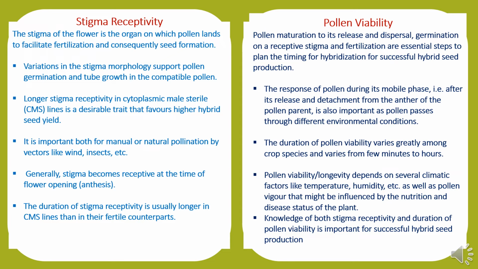Pollen viability or longevity depends on several climatic factors like temperature, humidity, etc., as well as pollen vigor that might be influenced by the maturation and disease status of the plant. The knowledge of both stigma receptivity and duration of pollen viability is important for successful hybrid seed production.